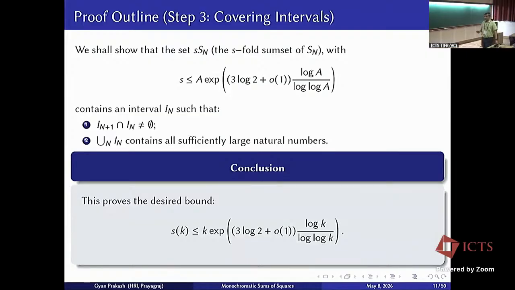So here the problem was reduced to showing that a certain S-fold sum of the Sn contains an interval. A result of Sarkozy and Lev will reduce the problem to showing that this S into Sn is a certain dense subset of the interval. Okay, so from the interval you go to the dense set.